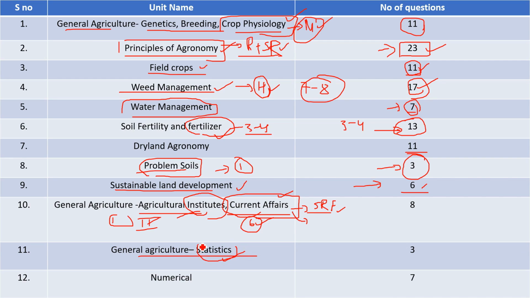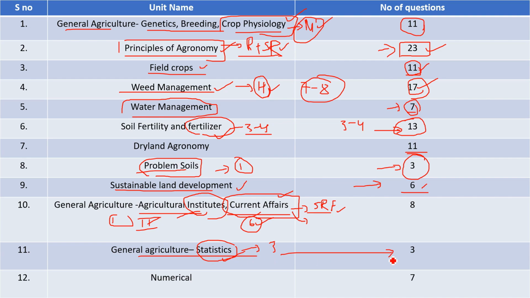Now from the general agriculture statistics part, I have only mentioned statistics. I have not included the numerical part, for example experimental-based questions or plot design-based questions. From the statistics part I have included the textual portion, meaning t-test, f-test and other such questions.